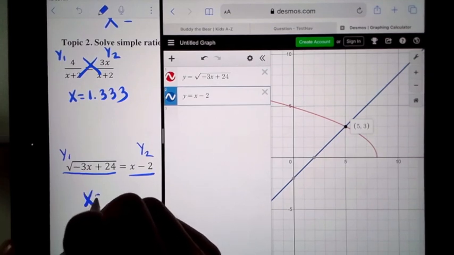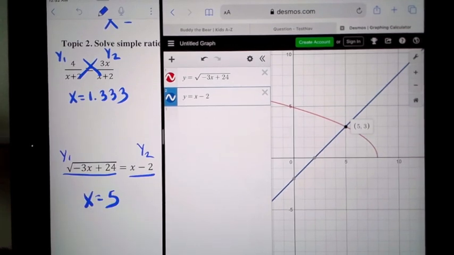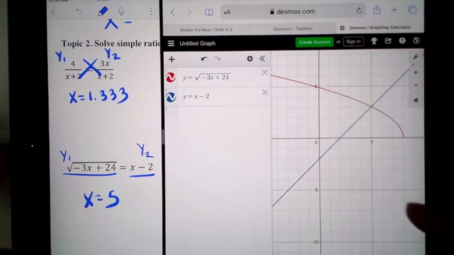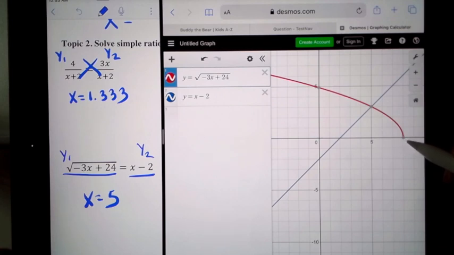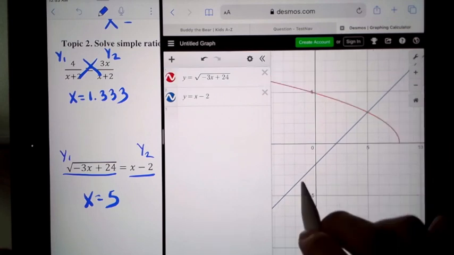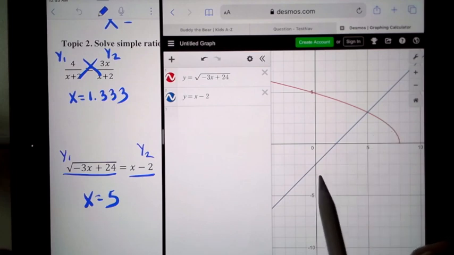So x equals 5. And same thing, if you want to get your extraneous, you need to solve algebraically. But for the radical, you can just think about the negative part.